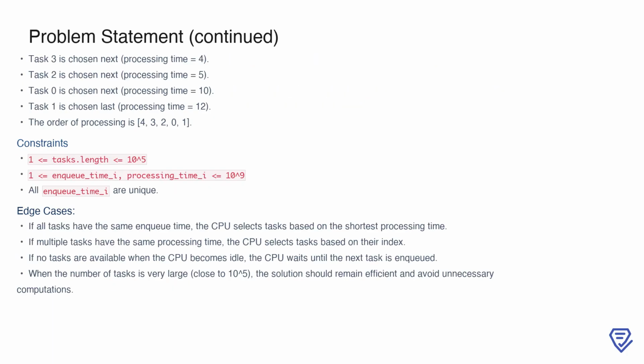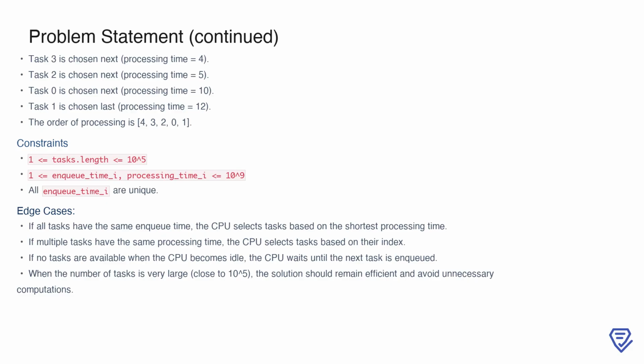In another example, the input is [7, 10], [7, 12], [7, 5], [7, 4], [7, 2]. Here, all tasks become available at the same time, which is time 7. The CPU selects the task with the shortest processing time first, which is task 4 with a processing time of 2.